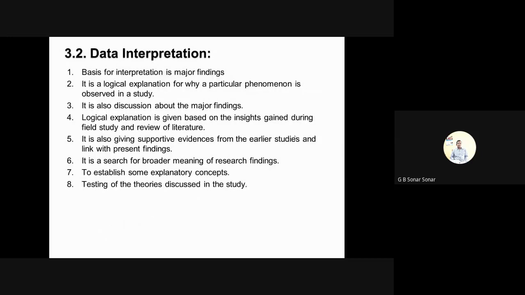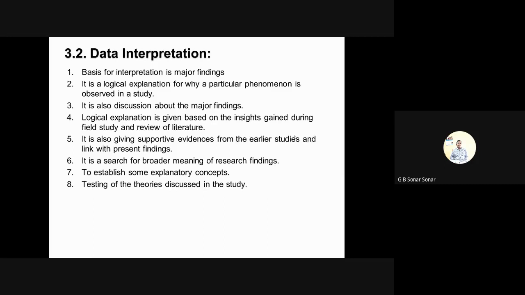So, what is data interpretation? Data interpretation is giving a logical explanation to the finding in a table. The researcher, based on the insights gained during the fieldwork, based on his review of literature, based on his clarity about the problem or phenomena studied, gives the logical explanation.